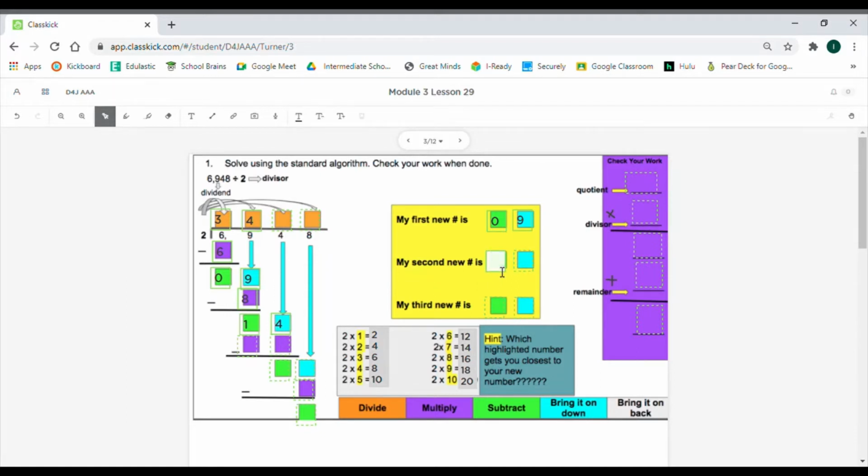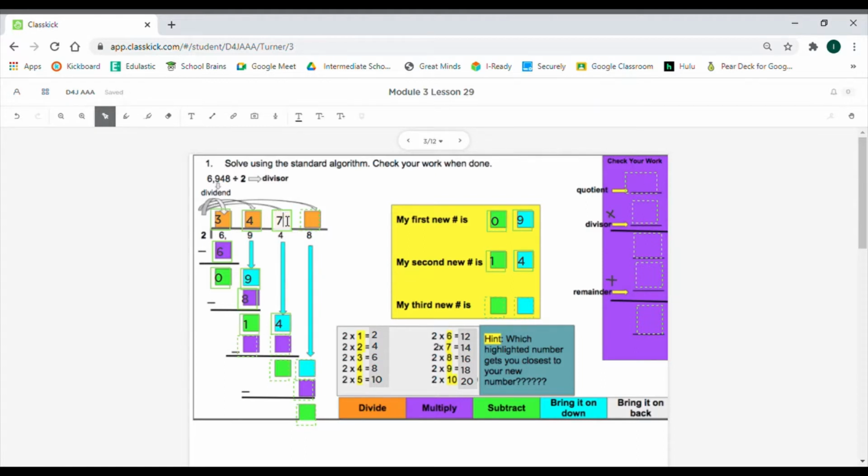So we now have our second number. What's our second number? 14. And we're going to use this to bring it on back, meaning we're going to be using this to divide all over again. 2 goes into 14 how many times? Pause the video if you need to. Yeah, it goes in 7 times.